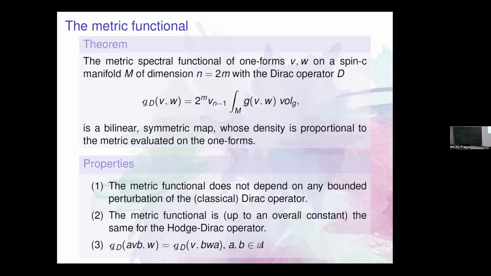And the left-hand side is purely spectral. It uses just the Wodzicki residue, which is purely spectral. Then you can show that this is really a bilinear symmetric map. The thing is that if you modify the Dirac operator by adding a connection, adding torsion, this will not change.